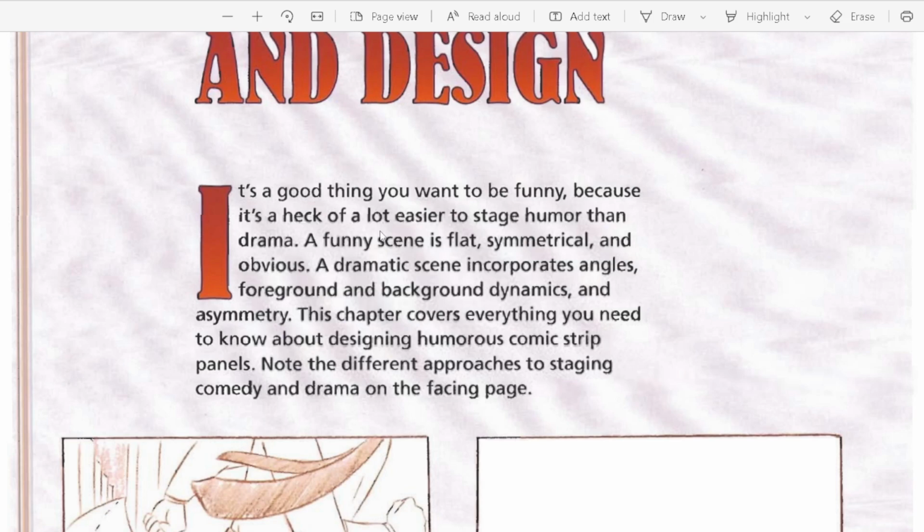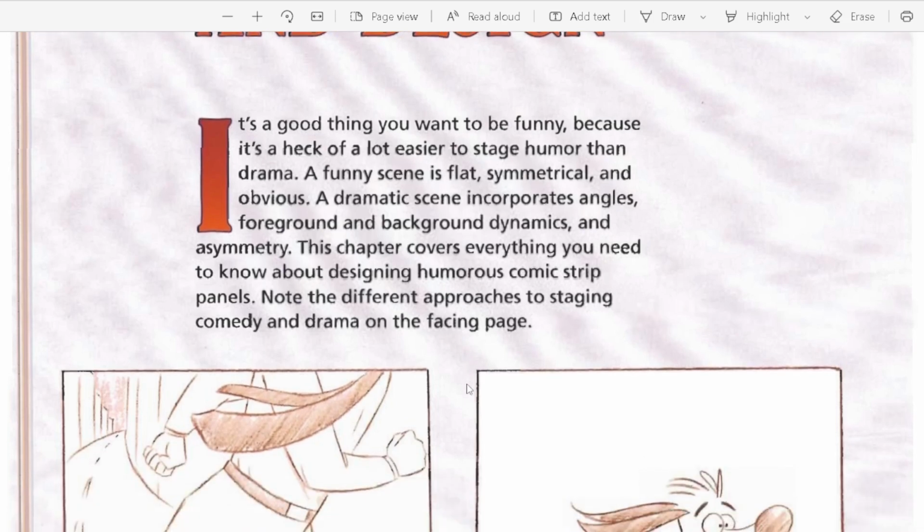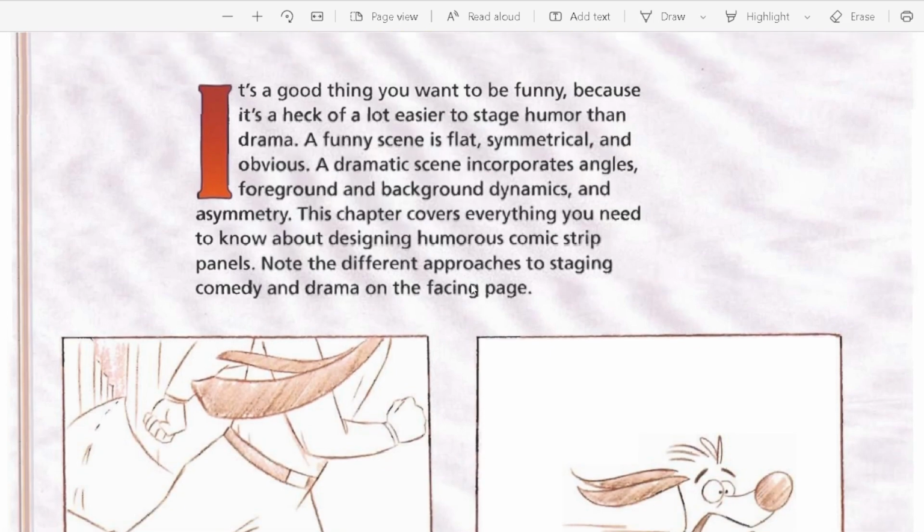A funny scene is flat, symmetrical, and obvious. A dramatic scene incorporates angles, foregrounds and backgrounds, dynamics, and asymmetry. This chapter covers everything you need to know about designing humorous comic strip panels. Note the different approaches to staging comedy and drama on the facing pages.